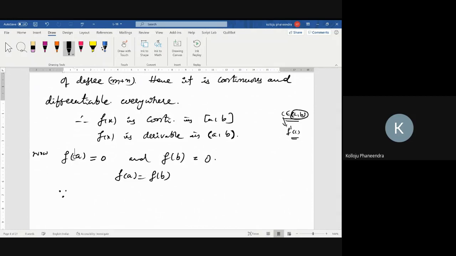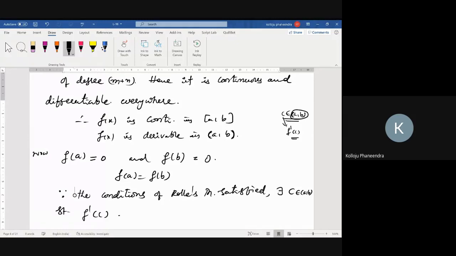Since the conditions of Rolle's theorem are satisfied, there exists C belongs to open AB such that f dash C equals 0.